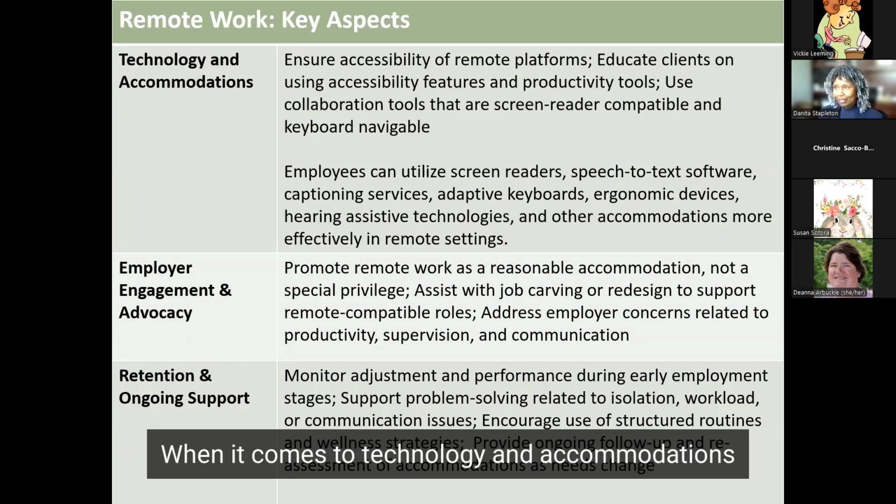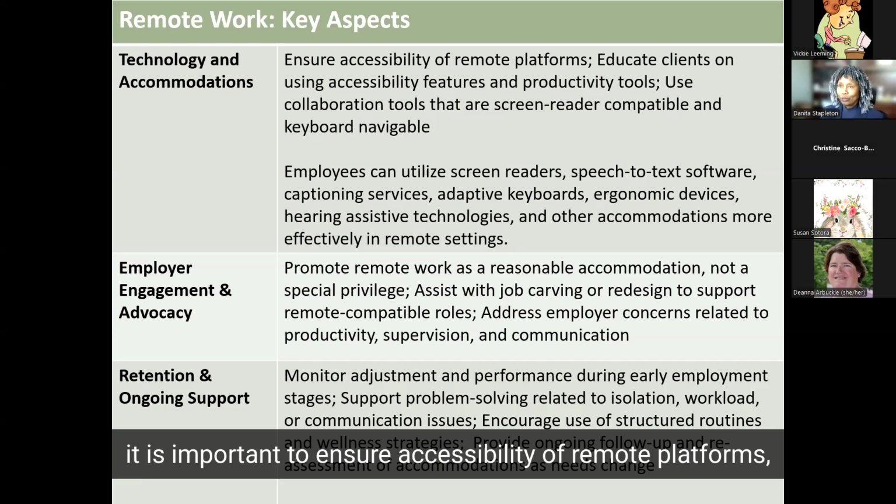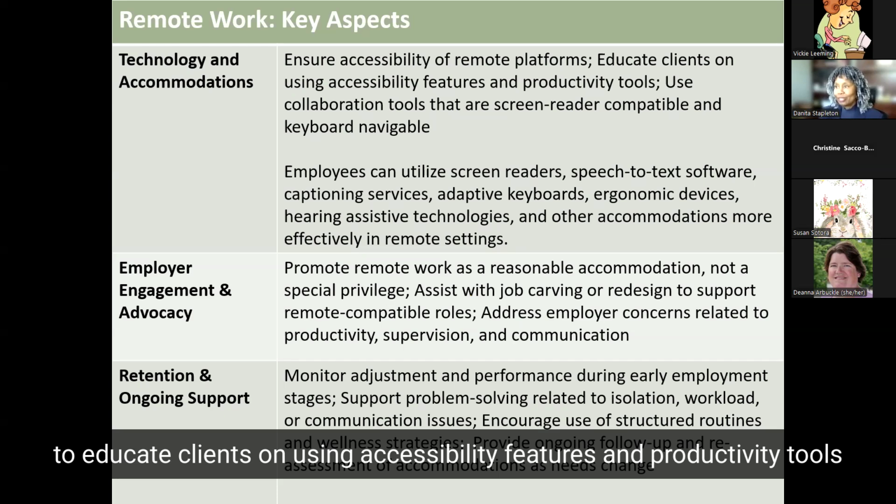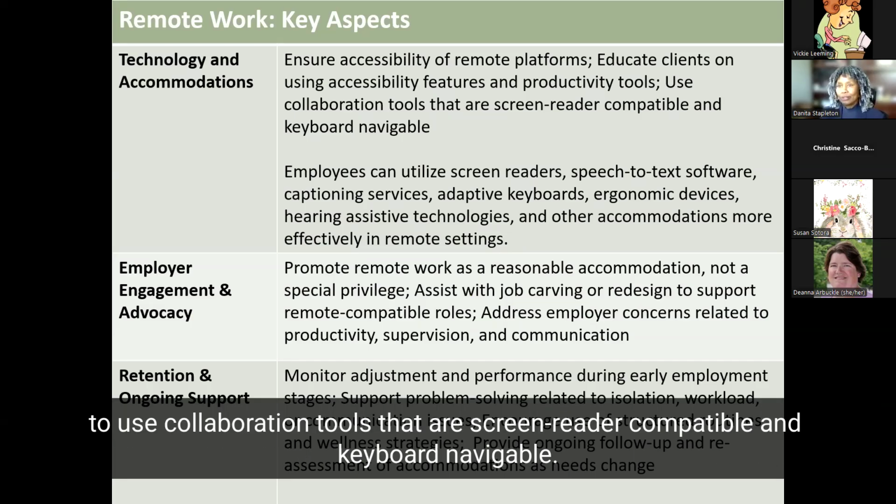When it comes to technology and accommodations, it's important to ensure accessibility of remote platforms, to educate clients on using accessibility features and productivity tools, to use collaboration tools that are screen reader compatible and keyboard navigable.